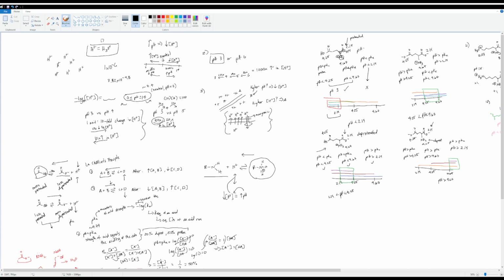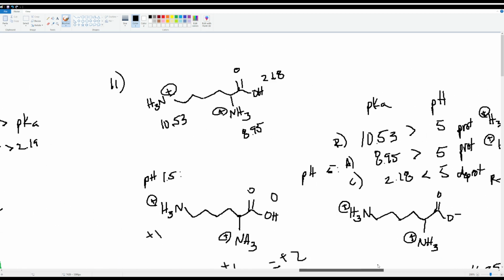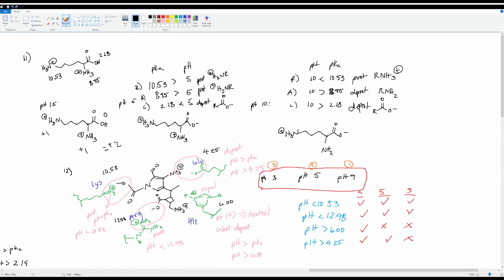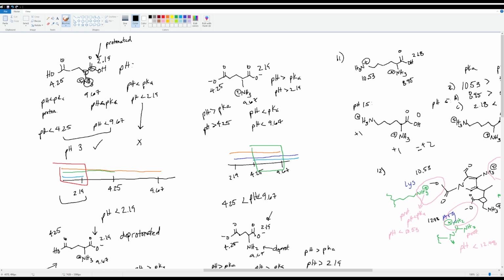So when we're saying our pH is less than our pKa, means protonated, what we're saying is that the dominant protonation state is the protonated form. And when pH is greater than the pKa, we're saying our dominant protonation state is deprotonated. When it says side chain, yes, it's asking about the R group. Yeah, so dominant protonation state is just referring to which protonation state, protonated or deprotonated, is more abundant in solution.